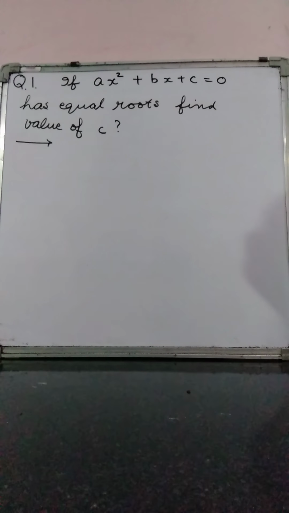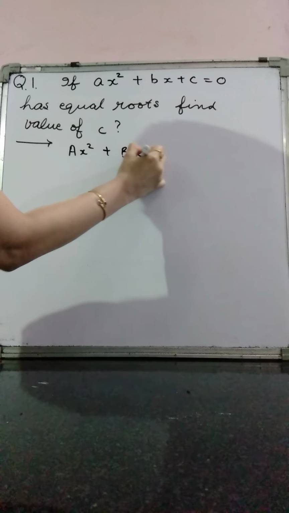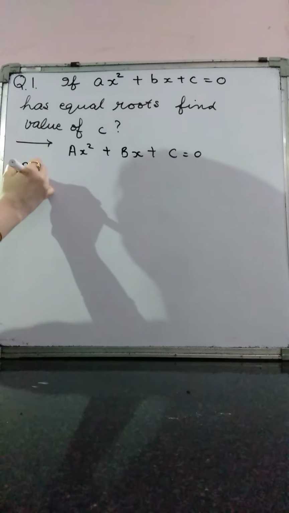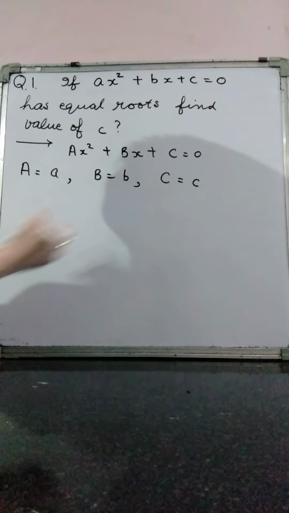First question is, if Ax square plus Bx plus C is equal to 0 has equal roots, find the value of c. First of all, compare this equation with ax square plus bx plus c is equal to 0. The value of capital A is small a, capital B small b, and capital C is small c.